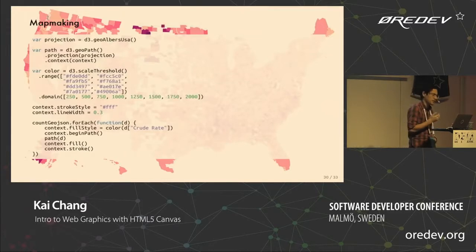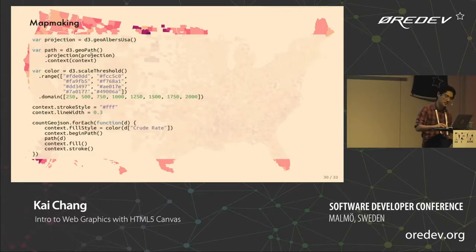But how do you make this map in the first place? I think making the static version is the essence of visualization to begin with. Maps, the critical thing about geographic maps is they need a projection. In this case, it's using D3's Albers USA projection.